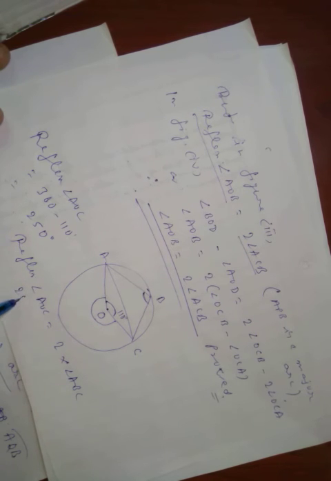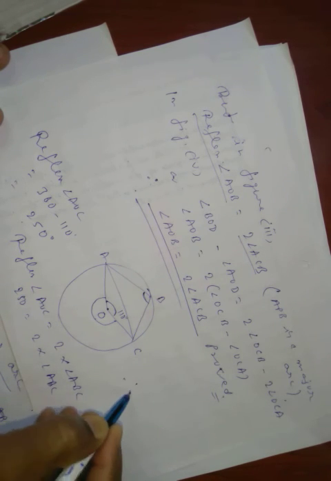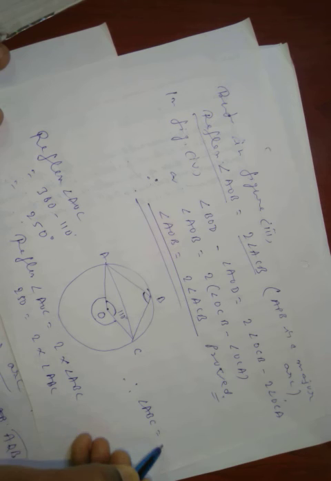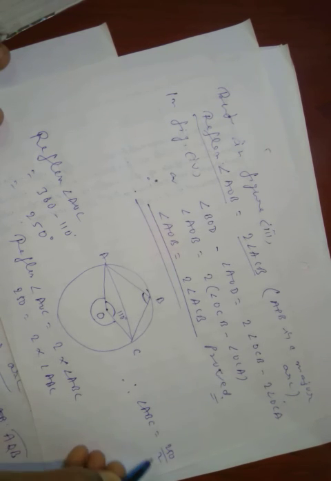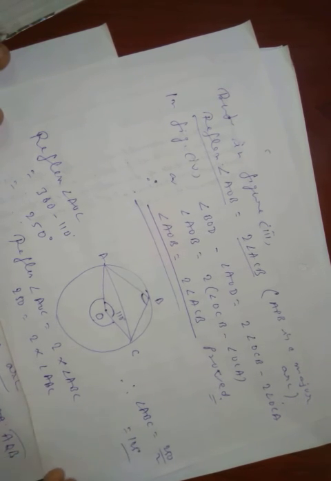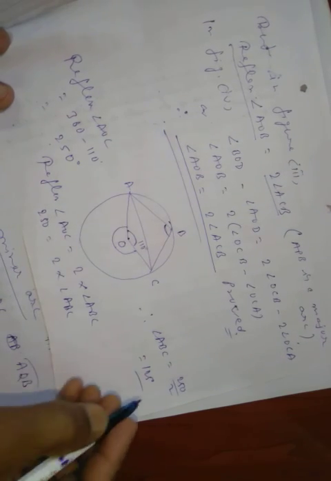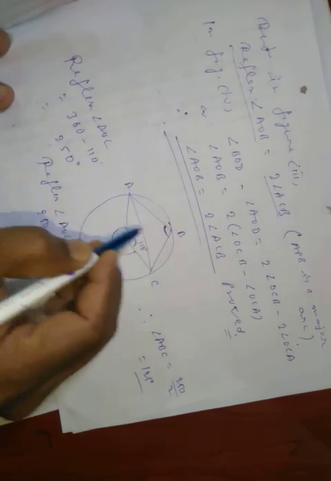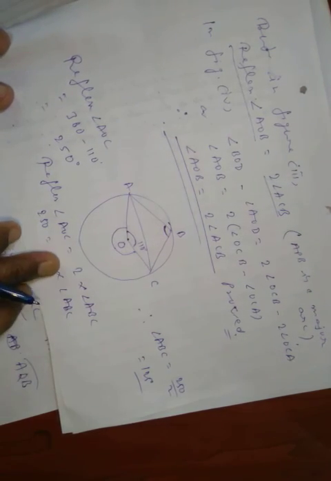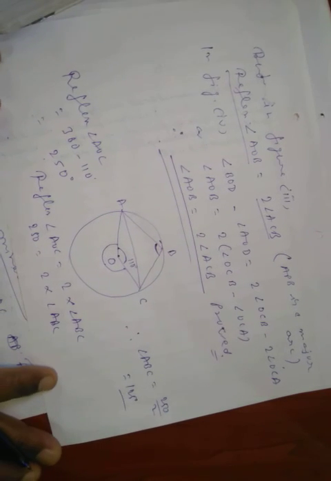So 250 degrees is equal to 2 into angle ABC, and therefore angle ABC is equal to 250 by 2, that is 125 degrees. So the answer will be 125 degrees. This is how we will solve the questions in this chapter.